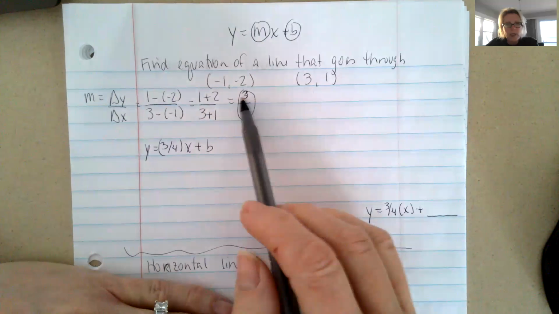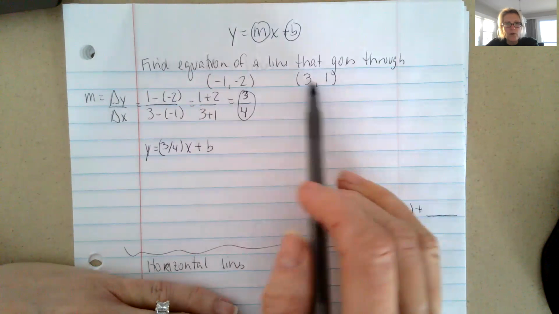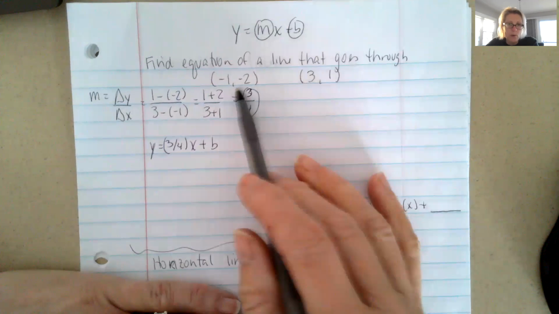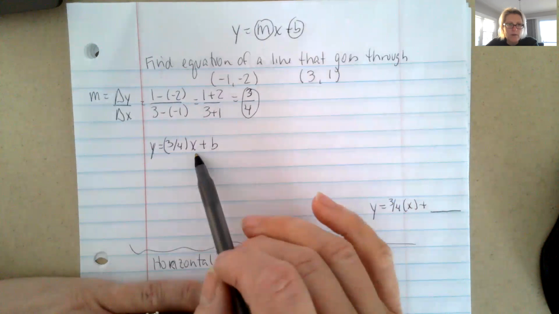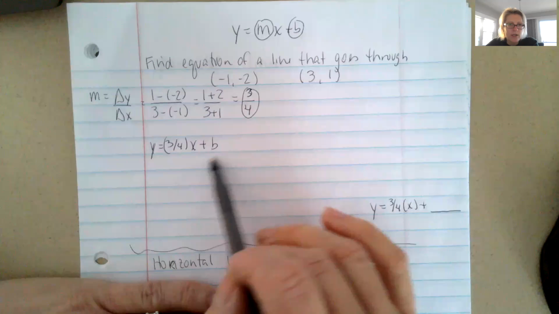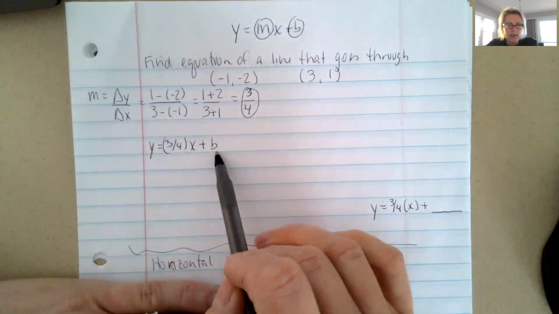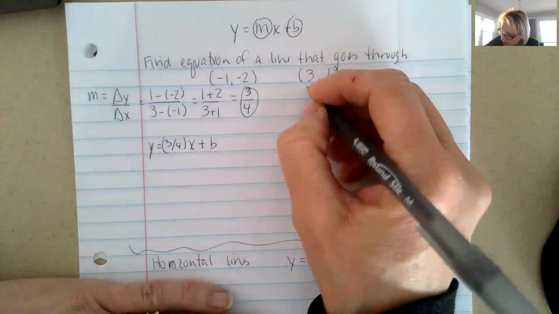Well, because I'm creating a line with these 2 points, both of these points should fall on my line. So I'm going to use one of the points, it doesn't matter which one, to put in for x and y, and then we will know 3 of the 4 parts, and we can solve for b. So I'm going to put in my 3 and 1.